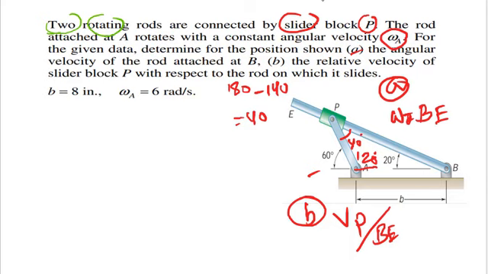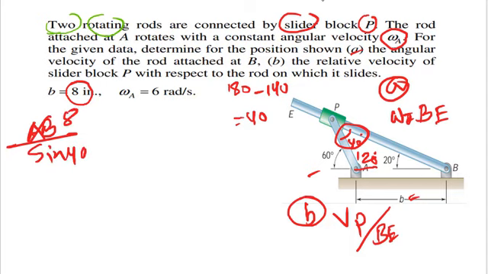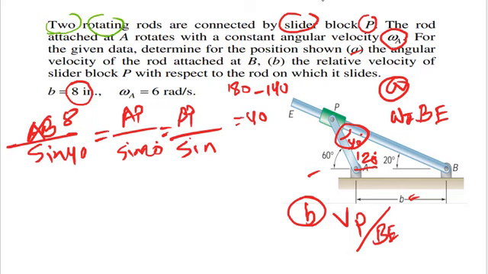We know 8 inch is given, but we don't know how much AP is, and how much BP is. Just apply this: AB divided by the sine of the opposite angle. The opposite angle is 40 degrees. So AB, which we know is 8, divided by sine 40 degrees, equals AP, which we don't know, divided by sine 20 degrees, and similarly BP divided by sine 120 degrees, right?